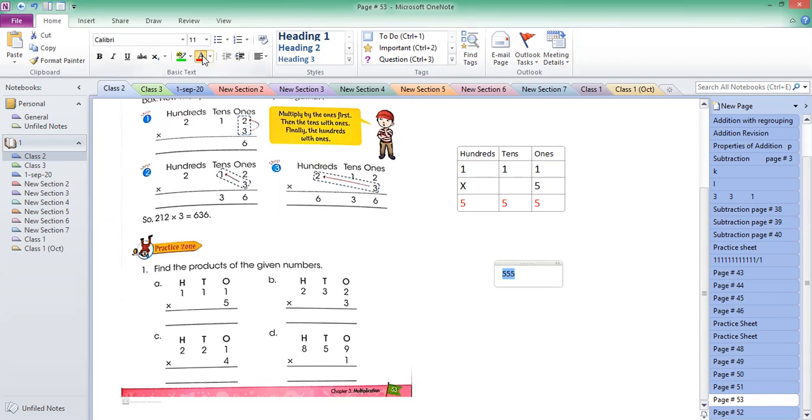So write the answer on the first practice question. That is 5, 5 and 5.